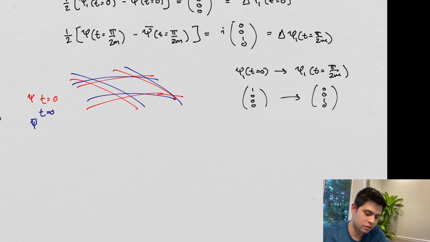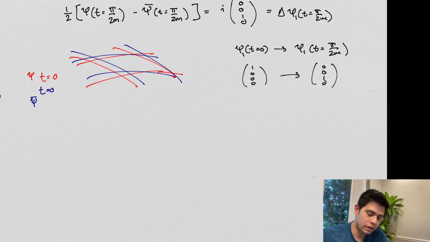All right, so the Dirac spinor, again, is a combination of our left and right chiral spinors.